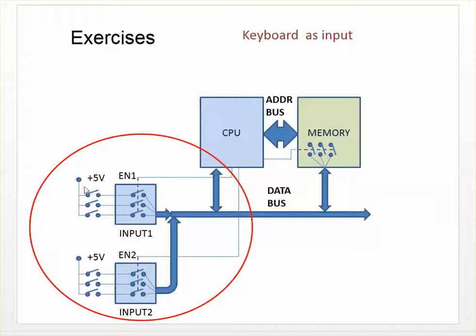So if this means the keyboard buttons here, when I press this button, it closes the 5 volt voltage to the signal line, and then we have to read the signal line level to our CPU.